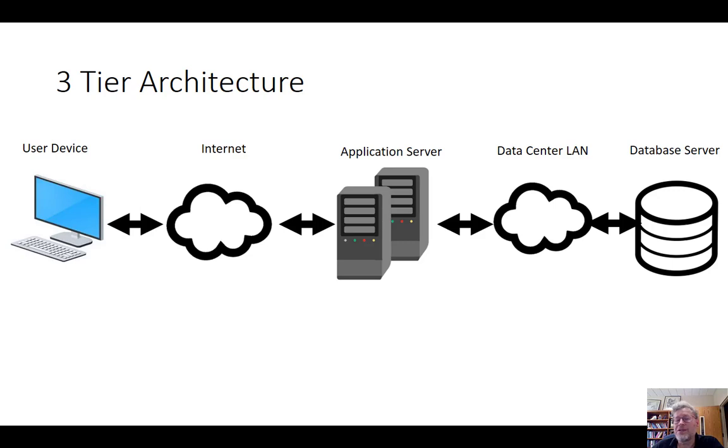And that network is typically a LAN, a local area network that's in the data center, to a database server. Although this could be back out over the internet to a different data center, but most typically, the application server and the database server are in the same building.